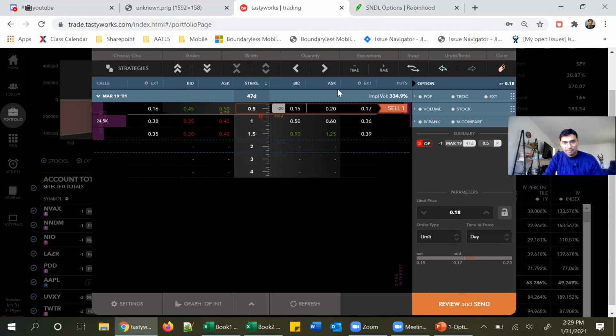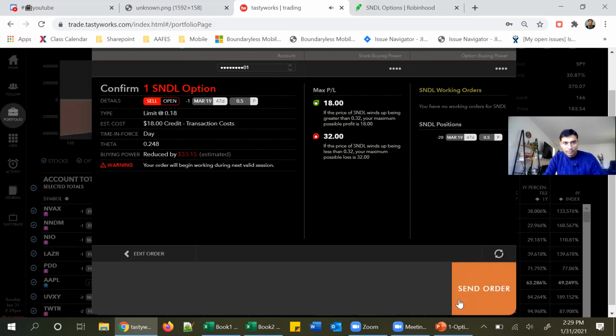Same here, bid and ask, buyer and seller negotiating against each other over who is going to win. I am placing the order for 0.18, which is the middle of it, but if it does not get filled, I will have to change it a bit up or down. Sell to open, and I am getting a credit of $18.